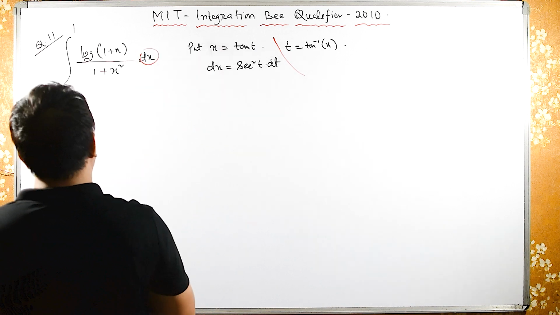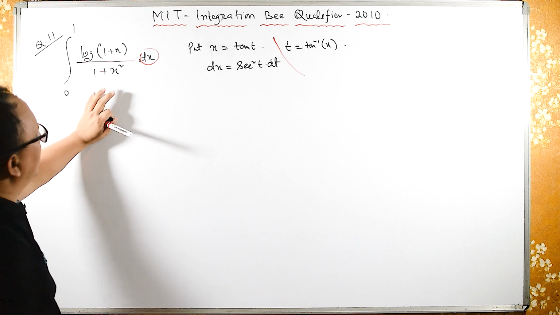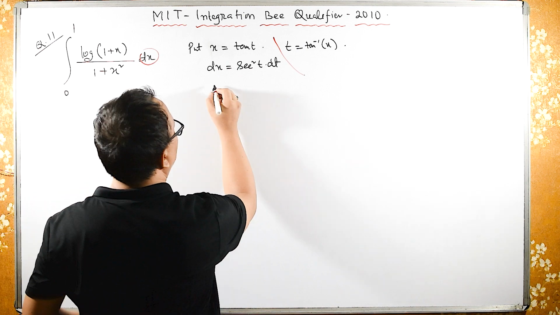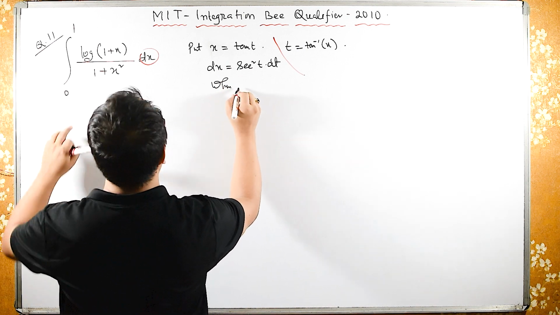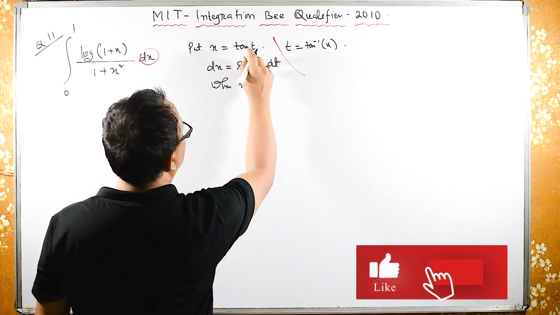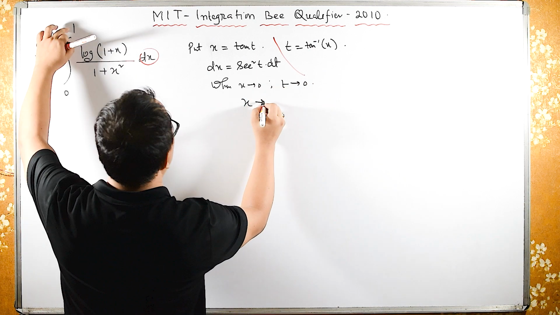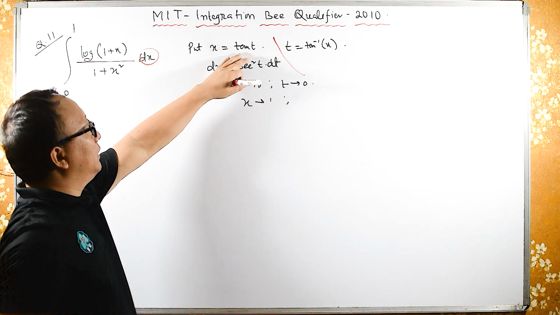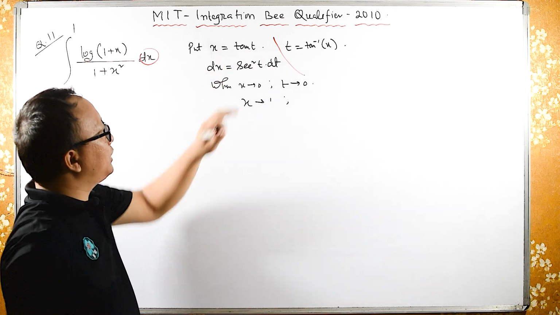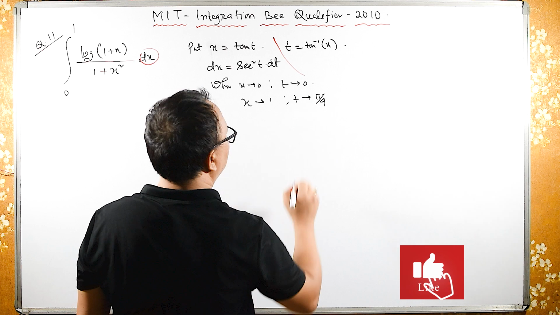And then let's change the limit. When x tends to 0, then t tends to 0. When x tends to 1, then tan t should be 1. It should be pi by 4. Here t tends to pi by 4, which means 45 degrees.